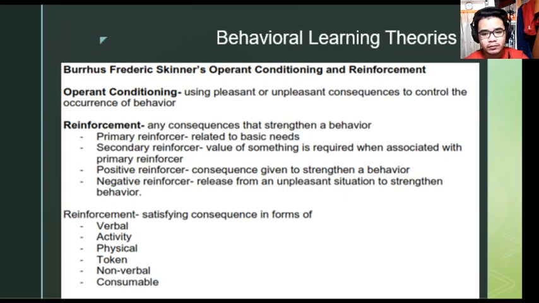So the reward is an example of a positive reinforcer. It's a consequence given to strengthen a behavior. But a negative reinforcer is a release from an unpleasant situation to strengthen a behavior. So it may not necessarily be a punishment. You may want to read that online.